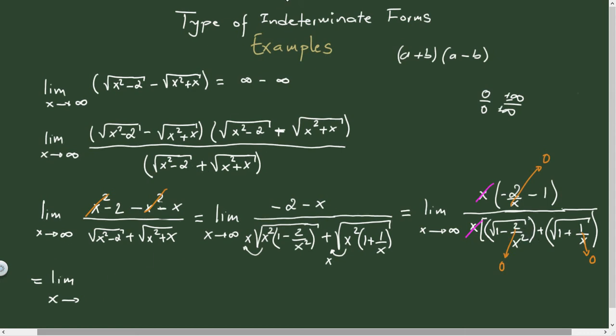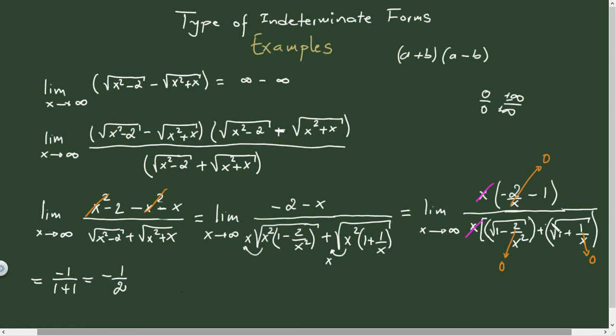So going back, this will be equal to the numerator minus 1 over, and here it goes to 0, 1 plus 1. This is equal to minus 1/2. And that's the result of our limit, starting from an indeterminate form to get to the result.